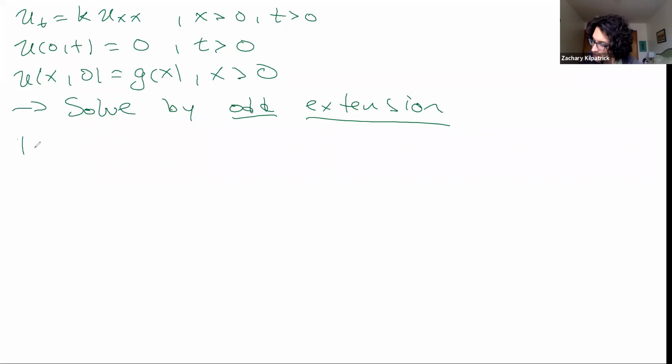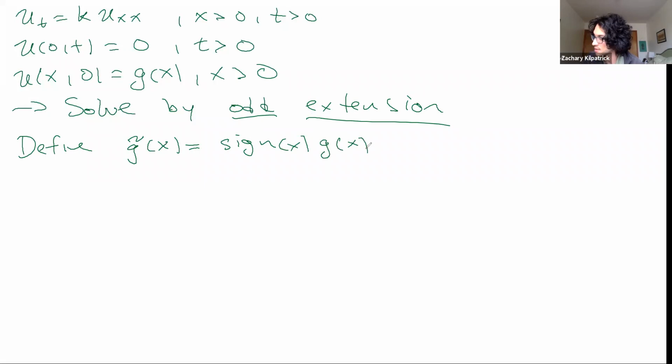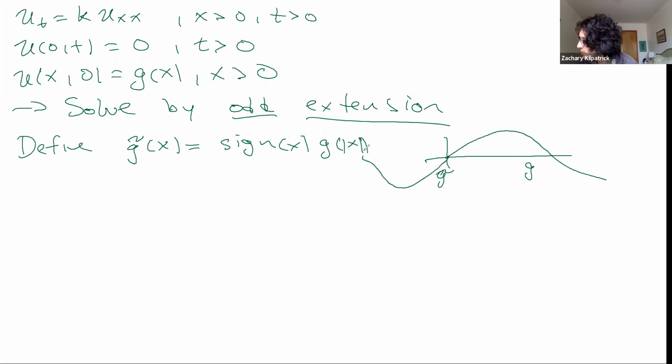What does odd extension mean? It just means we define g tilde of x equal to the signum function times g of the absolute value of x. So if my g looks like this, then my g tilde would be the extension that you get by odd reflecting it.